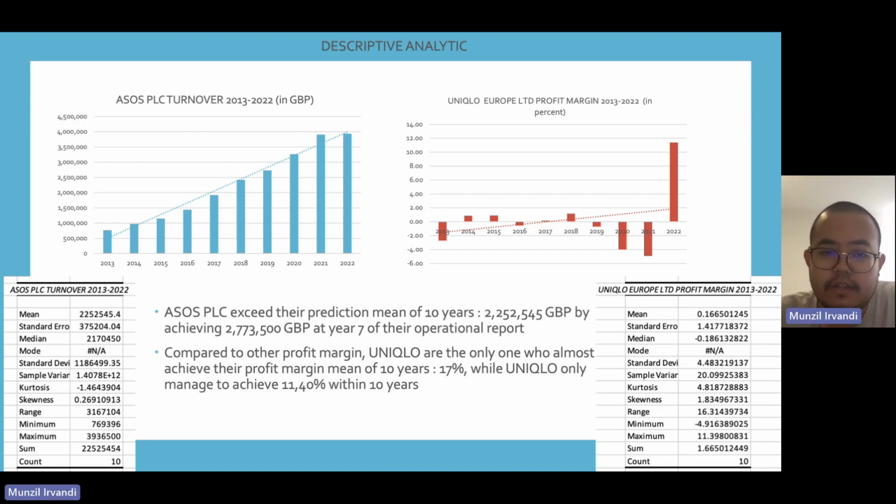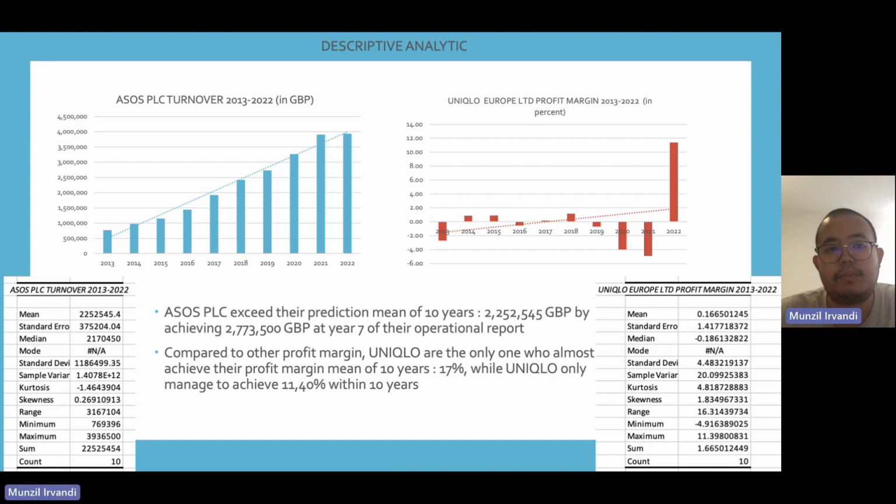However, in 2019, which is 7 years before 2022, they already exceeded their mean prediction, which makes ASOS PLC turnover compared to the others already doing really well.